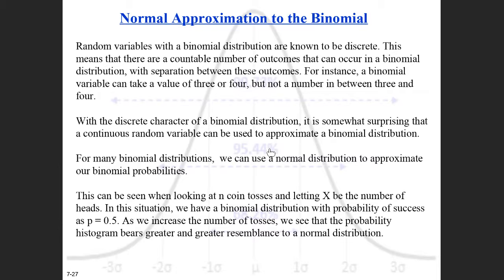For many binomial distributions, you can use a normal distribution to approximate binomial probabilities. This can be seen when looking at n coin tosses and letting x be the number of heads. Here you have a binomial distribution with probability of success p equals 0.5. As you increase the number of tosses, the probability histogram bears greater and greater resemblance to a normal distribution.